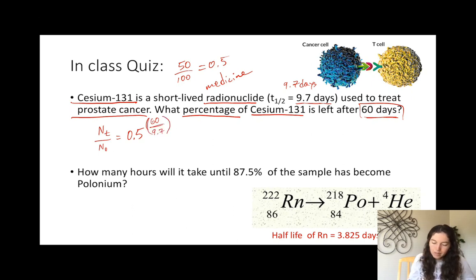So what it's asking to solve for here is the percentage of cesium-131, which is an amount. So what it's asking us to solve for here is actually both of these numbers right here. So remember that N0 is the amount that you started with.